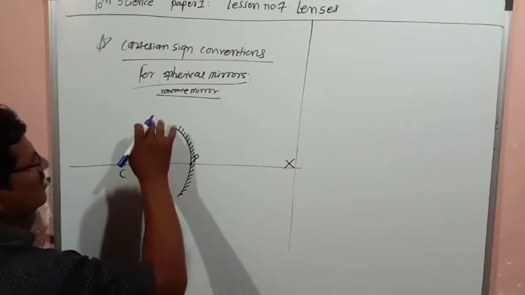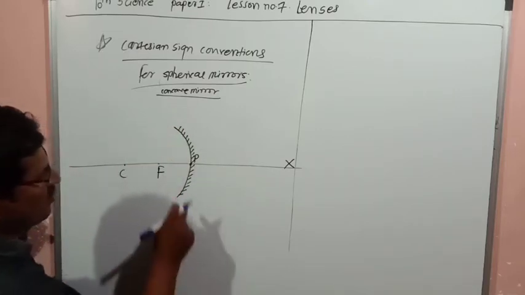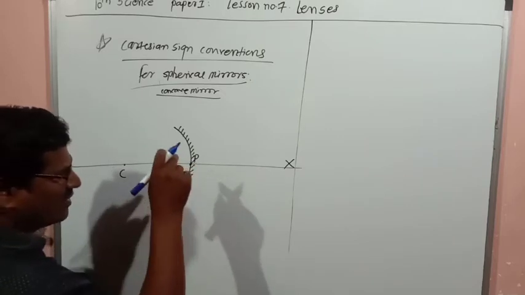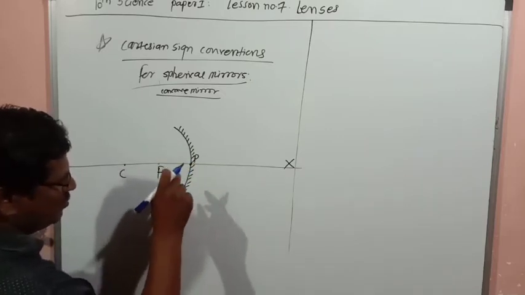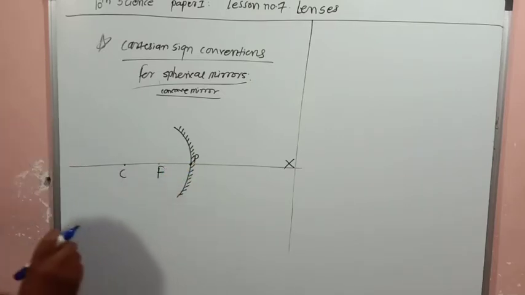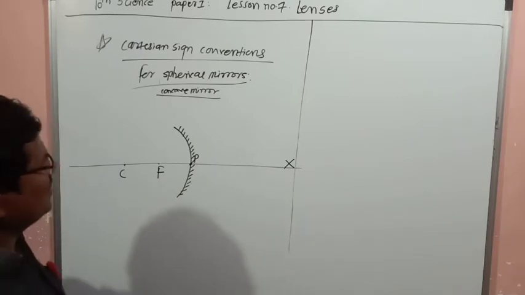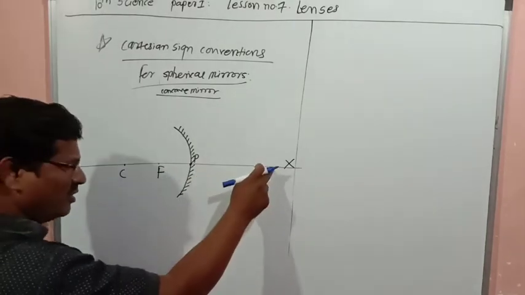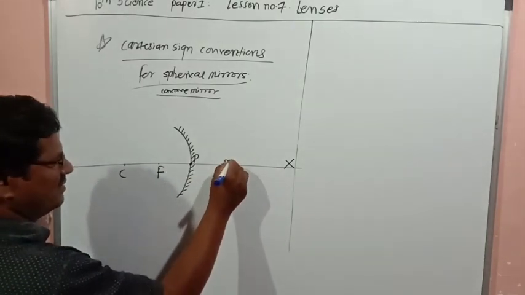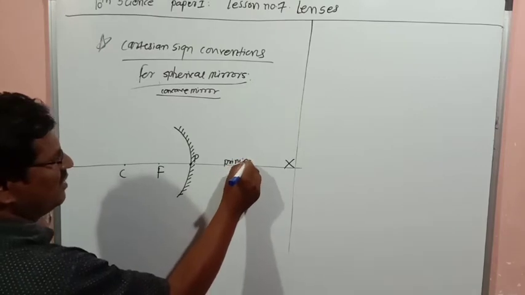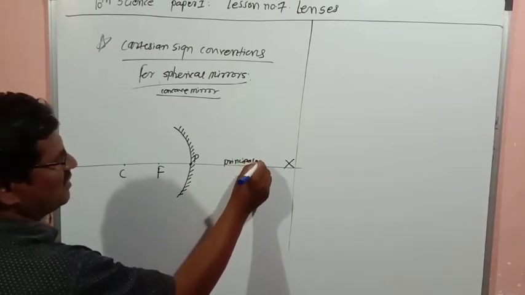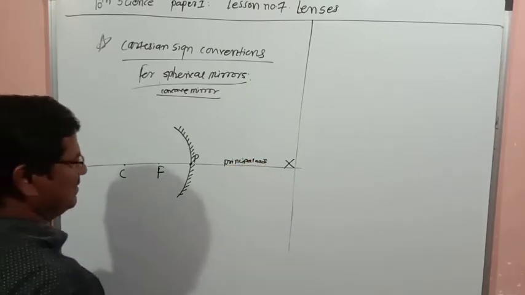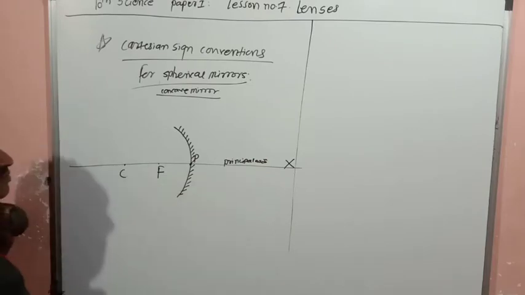But in the Cartesian sign convention, we take the pole at the origin, and the principal axis as the x-axis.